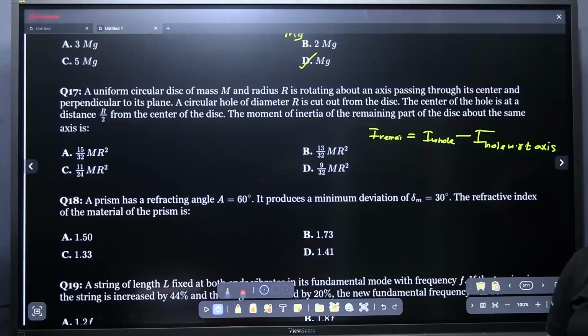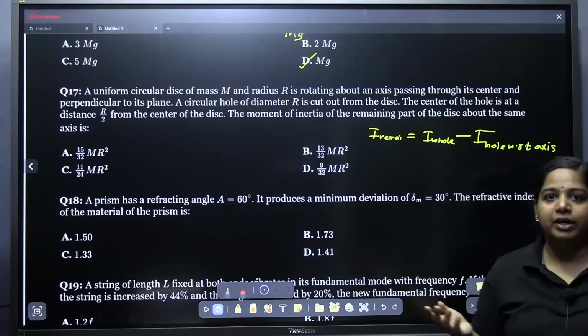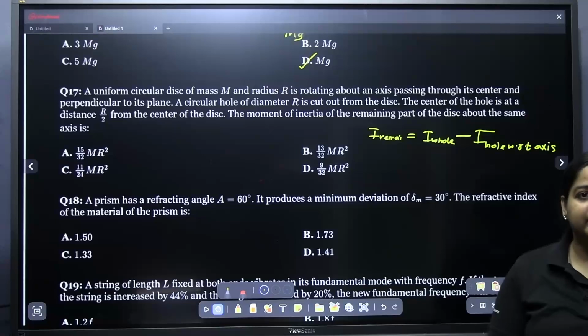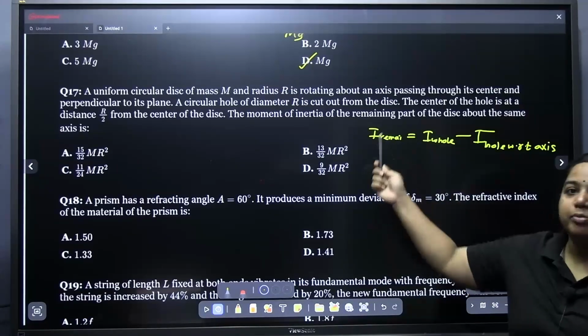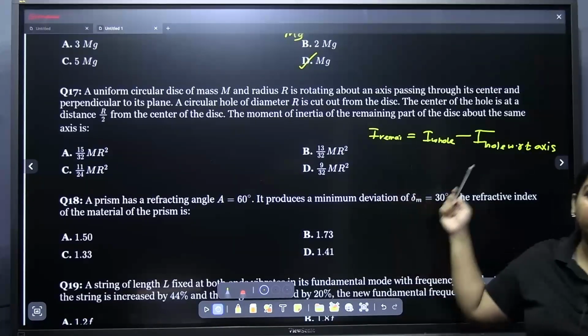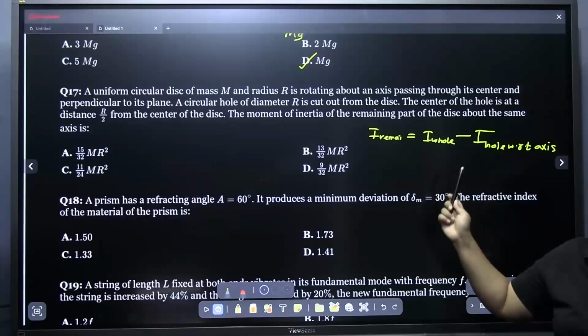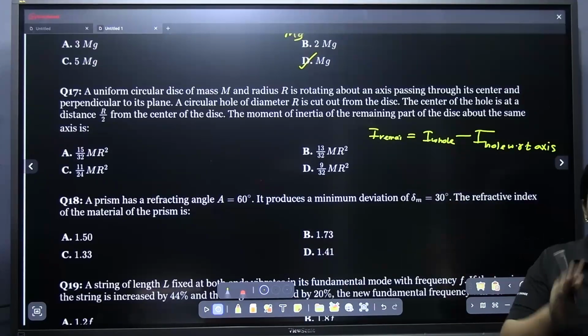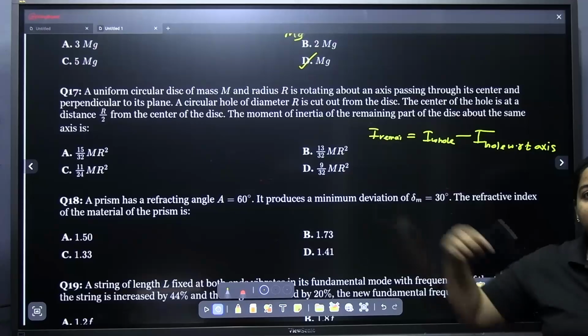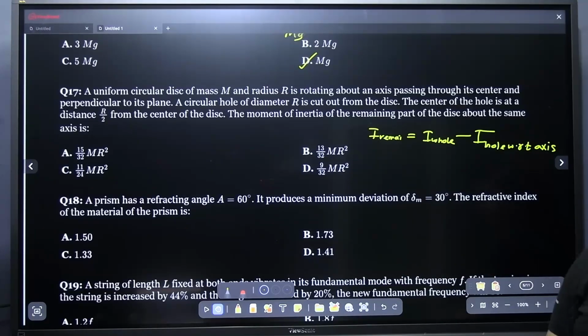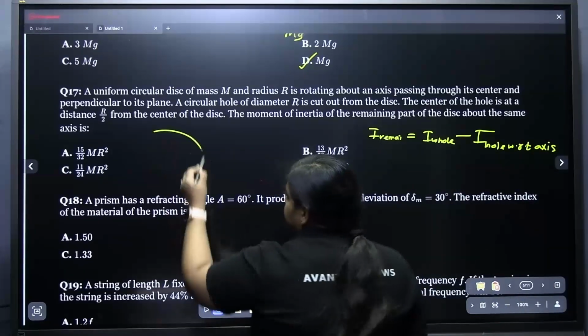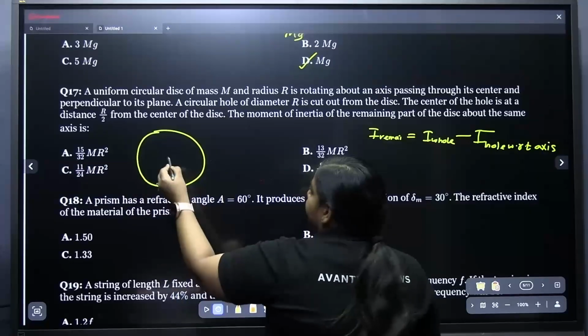You have to remember the formula like this, because if you just name it I1 or I dash, you might not understand what it is. So the remaining portion's moment of inertia is the whole thing's moment of inertia minus the moment of inertia of the cut region, but with respect to the axis of rotation.